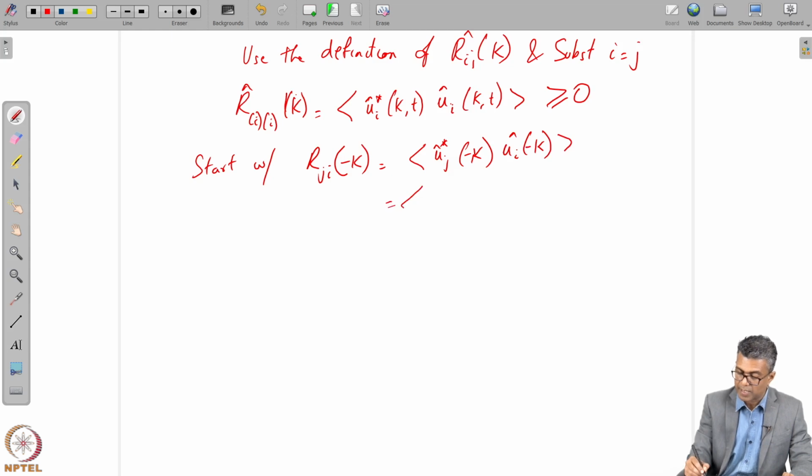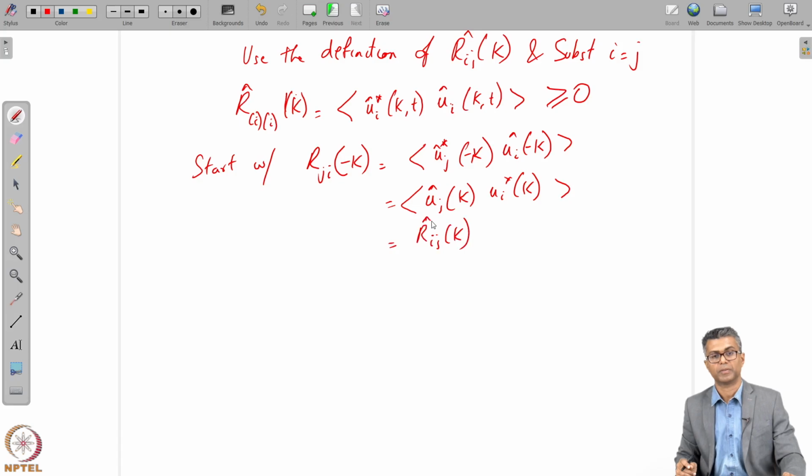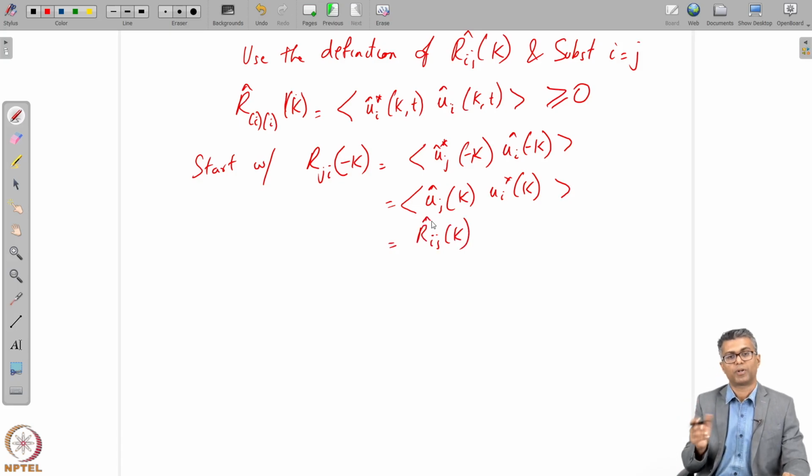Then this is essentially uj hat of kappa, because the conjugate of minus kappa is the same as the original. So uj hat times ui star of kappa, that's what it is, right? This is the same as Rij hat of kappa, isn't it?